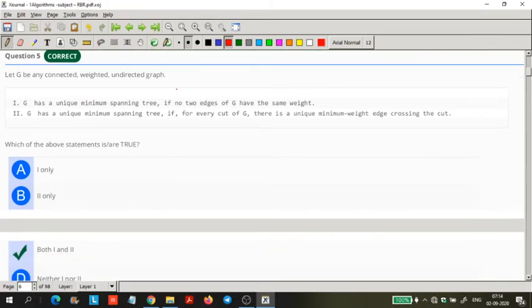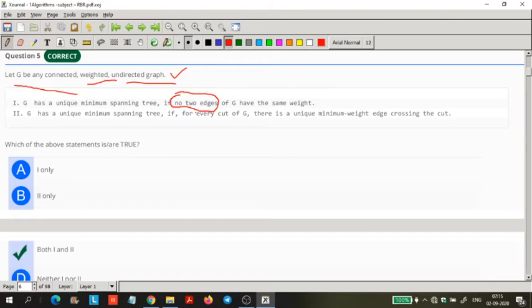Let G be any connected, weighted and undirected graph. G has a unique minimum spanning tree if no two edges of the graph have the same weight.